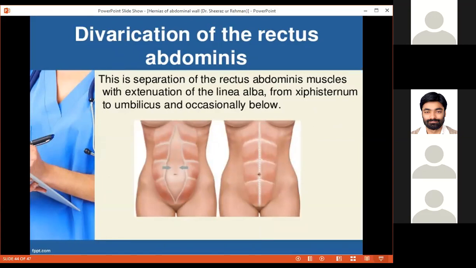So the wall is weak. Whenever the patient stands or coughs, one would appreciate a swelling being visible. So this is not a hernia, it's the divarication, which would require either some sort of cosmetic surgery, plication, or the patient could be advised weight reduction and use of an abdominal belt.